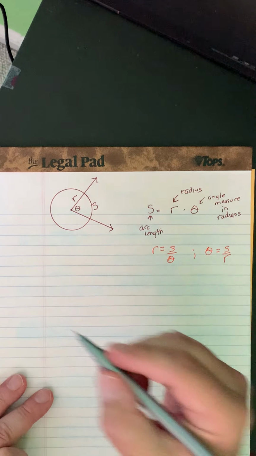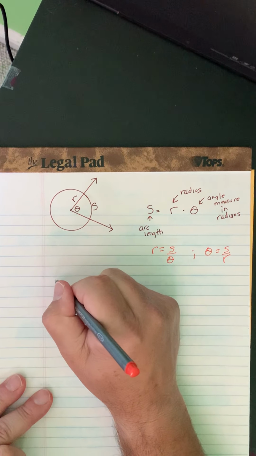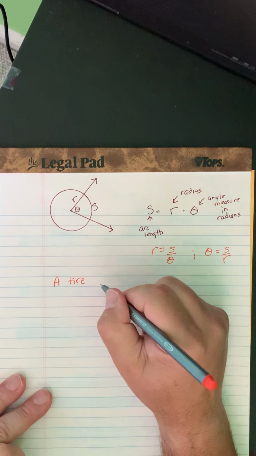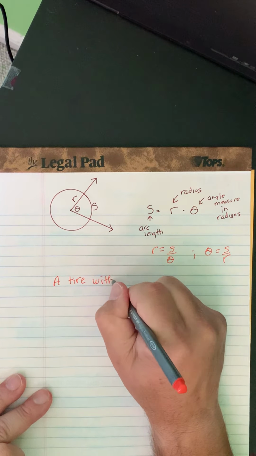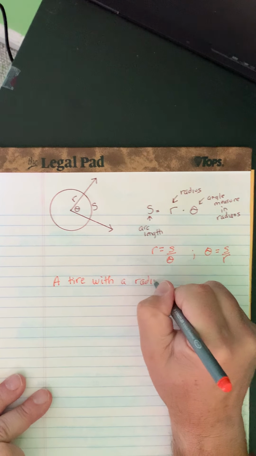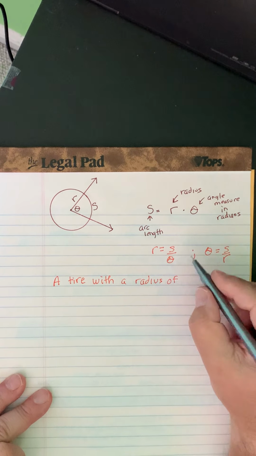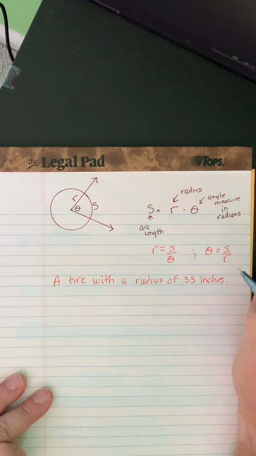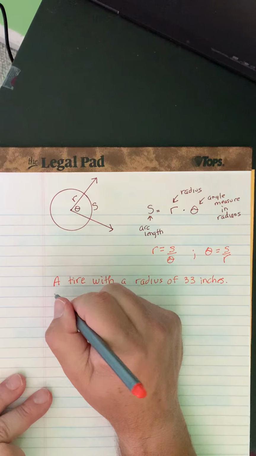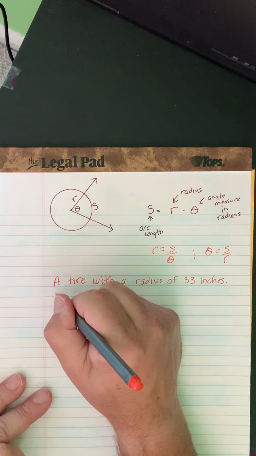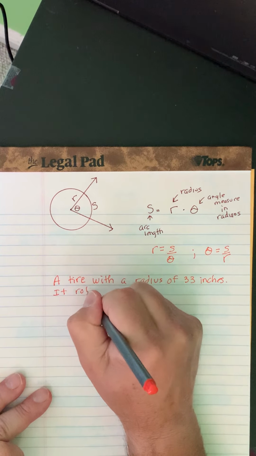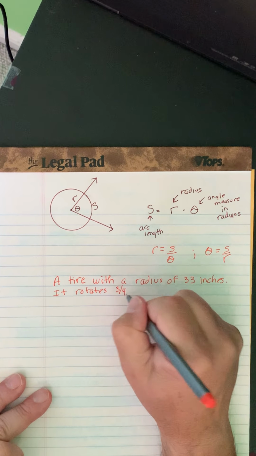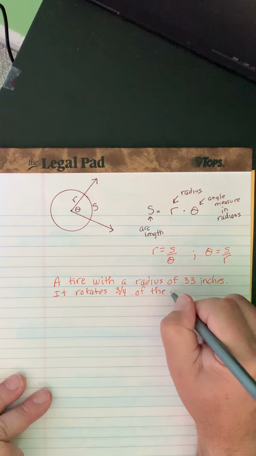Let's say we have a tire. I don't know why we would have a tire, but we got a tire. Maybe there's a logo on it. It has a radius of 33 inches. It rotates 3/4 of the way around.